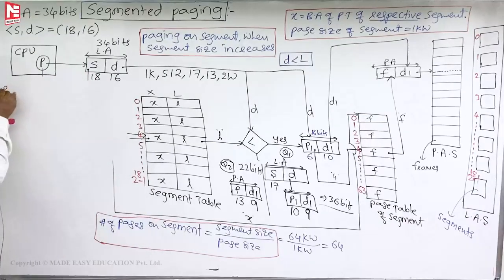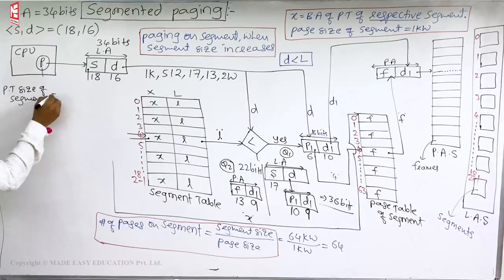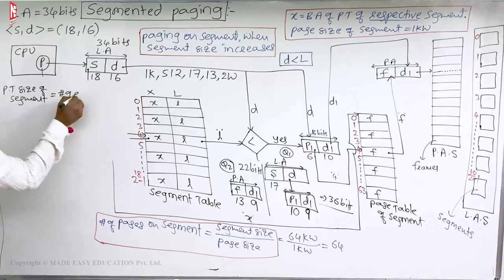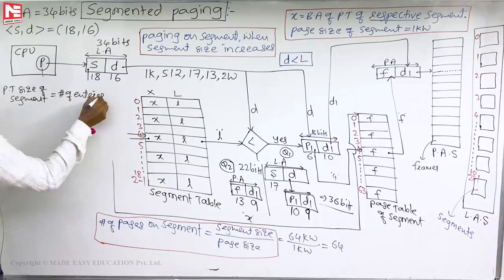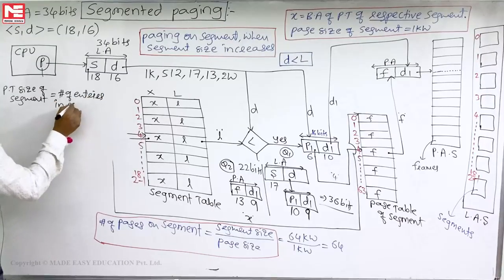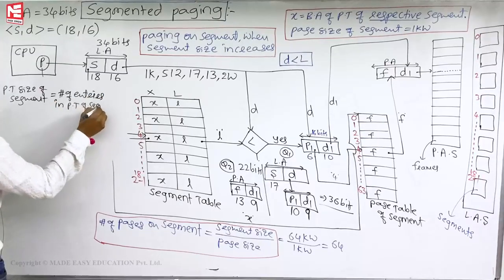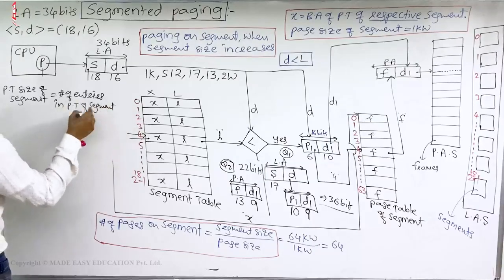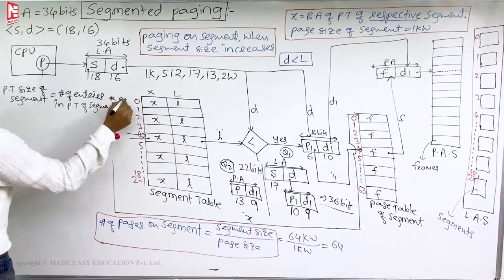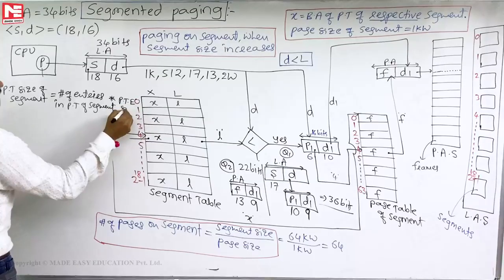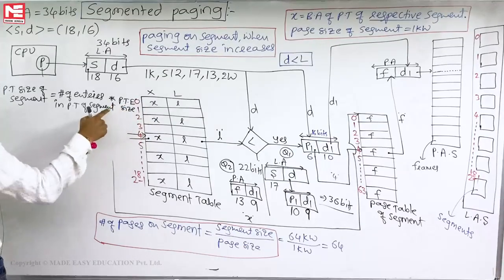Page table size of segment equals number of entries in the page table of segment multiplied with the page table entry size.